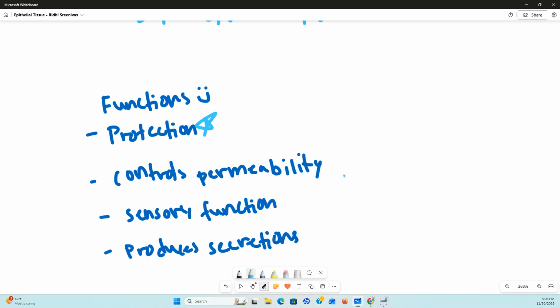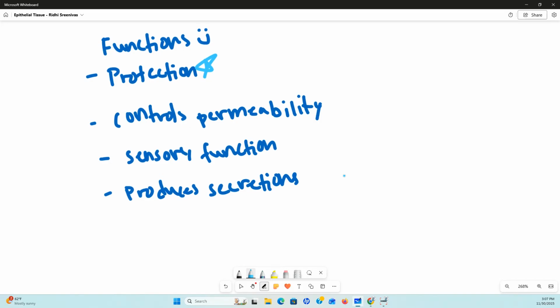It's the first thing that a substance has to go through before leaving or entering the organ, or the human body, if you think about the surface of skin. So therefore, the epithelial tissue controls permeability, controls what fluids enter and exit, because it's the first thing that the substance needs to go through, or the last thing if it's leaving.